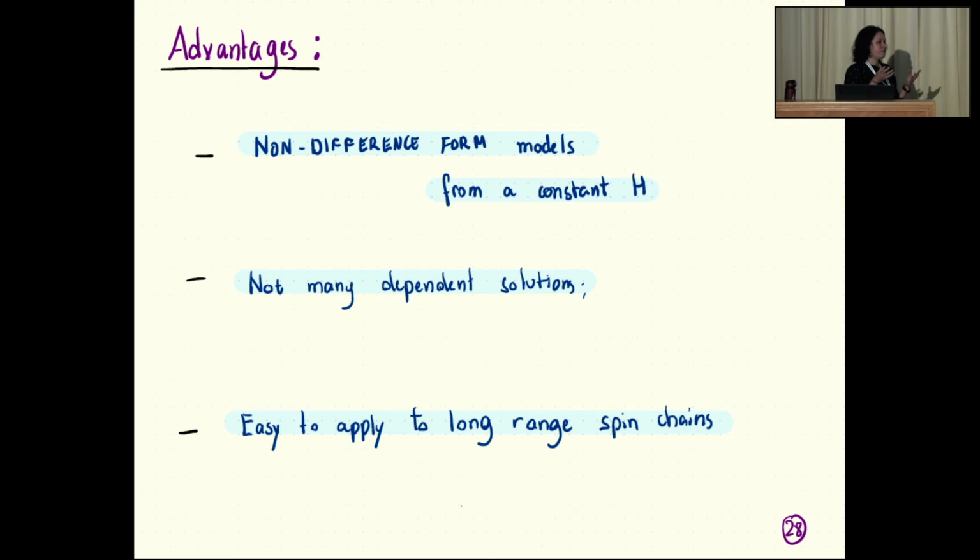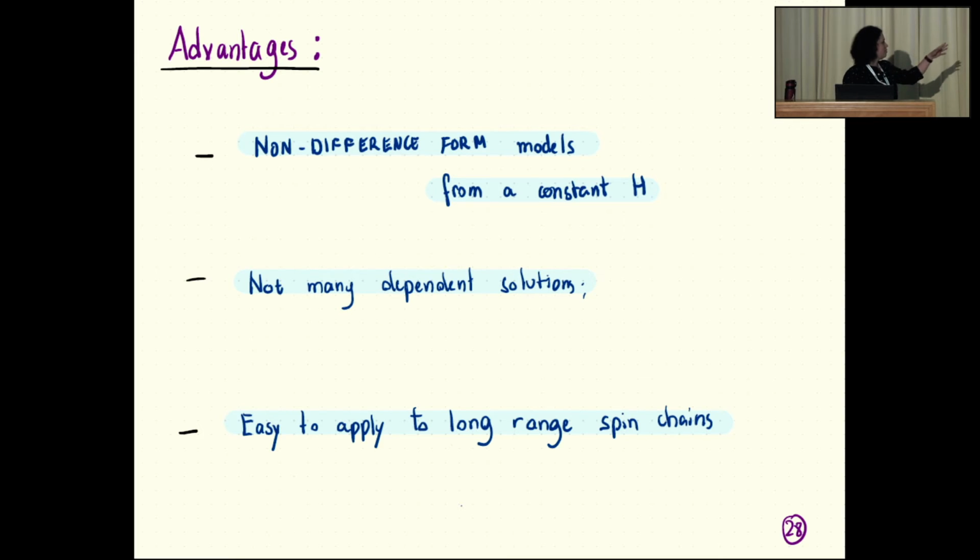You don't need to start with a Hamiltonian that's spectral-parameter dependent to get them. So automatically, if your model is regular, which was something we required at the beginning, you should be able to say if your model is integrable. So it seems more efficient in terms of not generating all these dependent solutions.